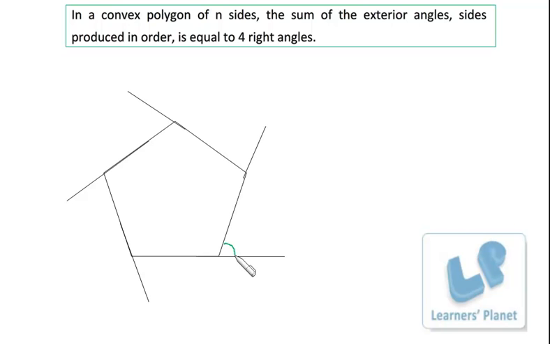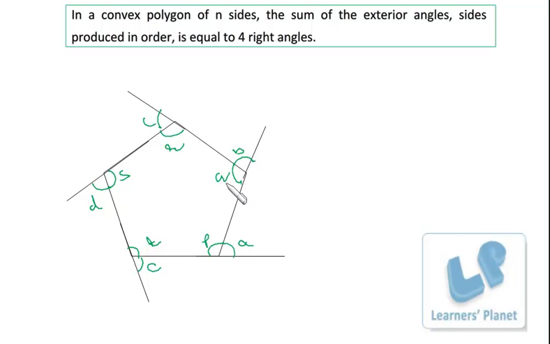Suppose this is angle A, angle B, angle C, angle D and angle E. And this is P, Q, R, S, T. Now this is a polygon of 5 sides, a pentagon.